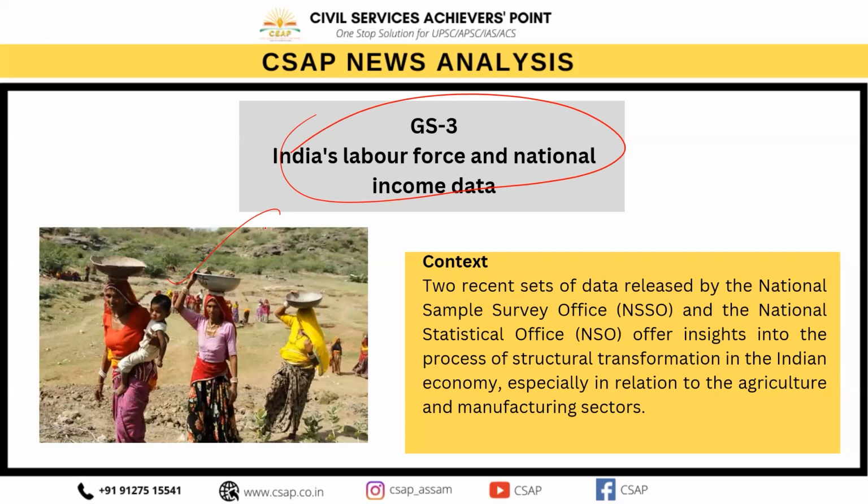Since 2011-12, the structural transformation has slowed, with the share of agriculture in employment not falling fast enough. And the share of manufacturing has fallen behind even that of construction and trade, hotels and restaurants. For instance, in 2017-18, the latter, construction and trade, hotels and restaurant sectors, accounted for around 11.7% to 12% of the total workforce.